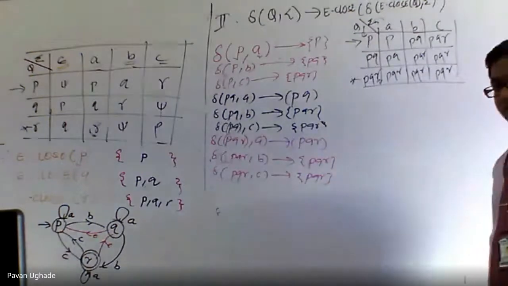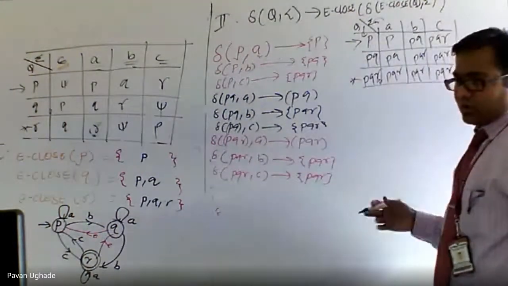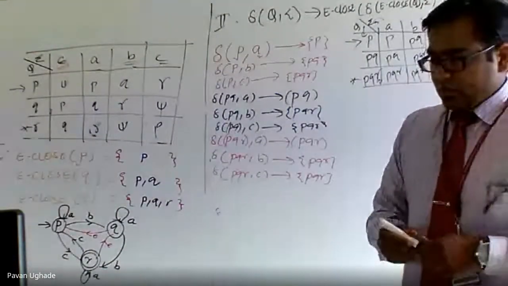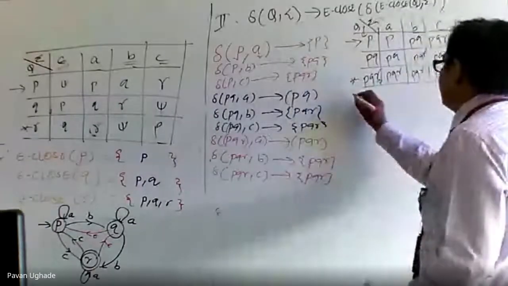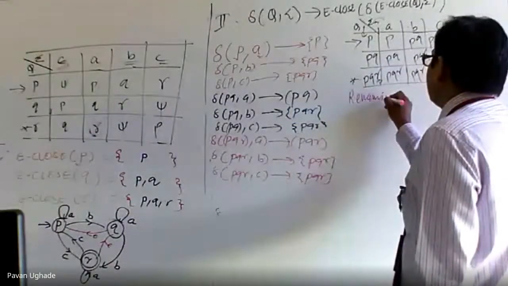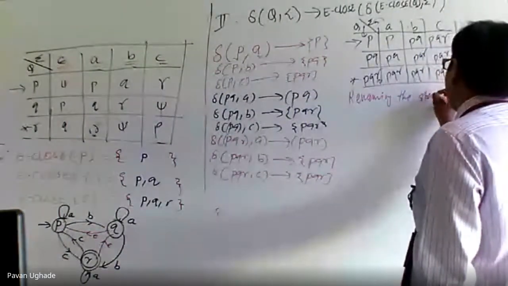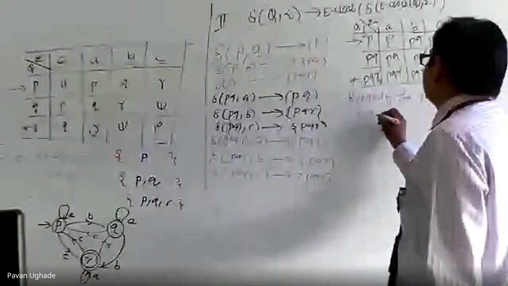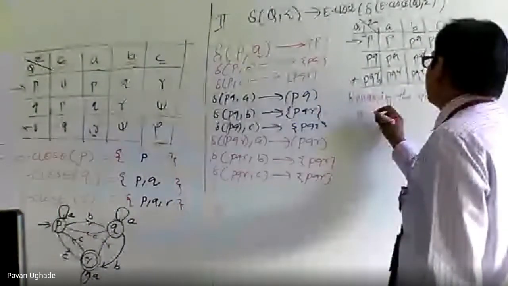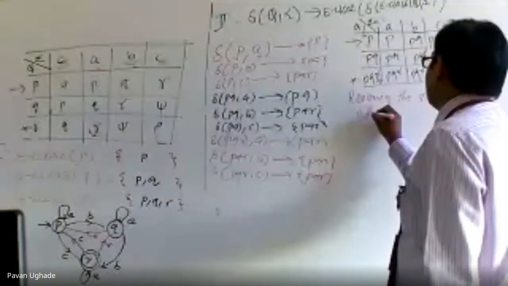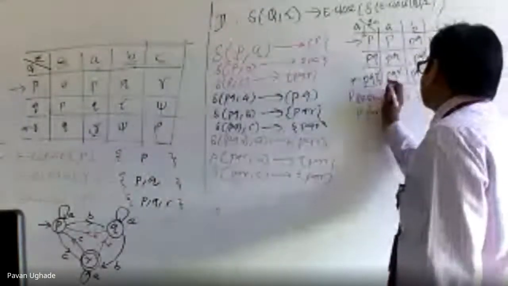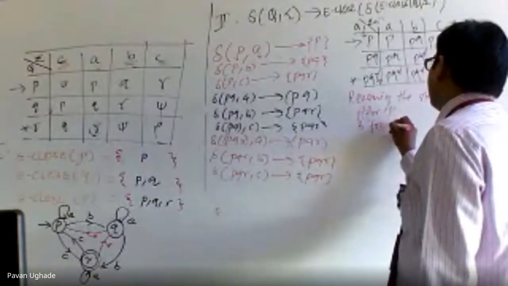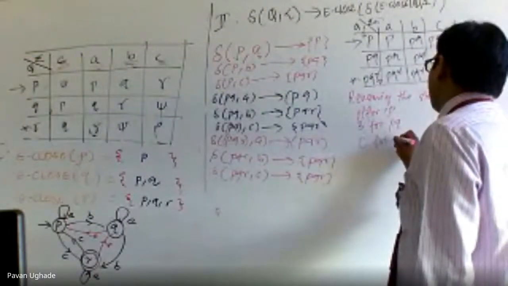Now we are getting confused because PQ or P is repeating every time. So what we'll be doing is simply renaming the states. I'll use A for P, B for PQ, and capital C for PQR.